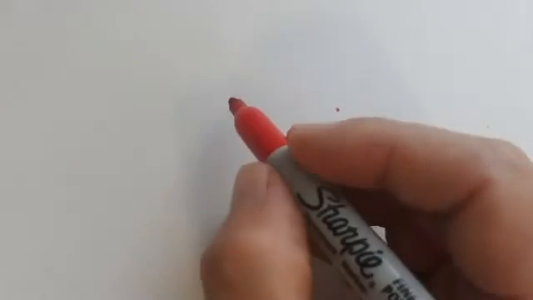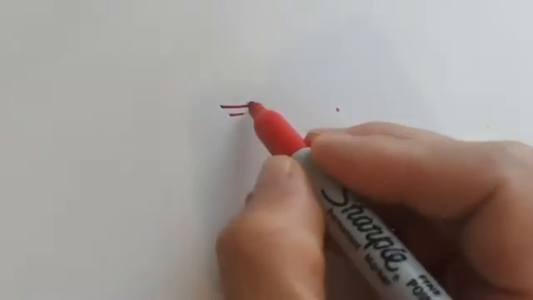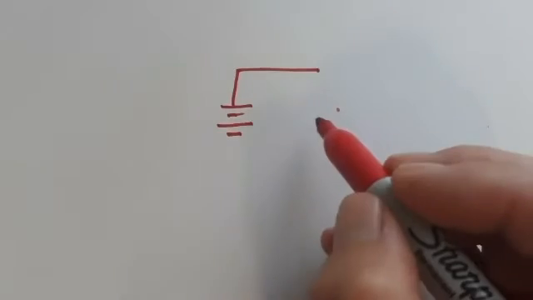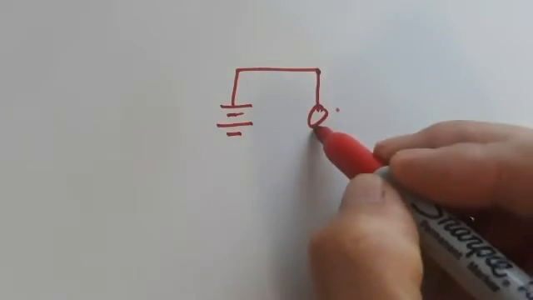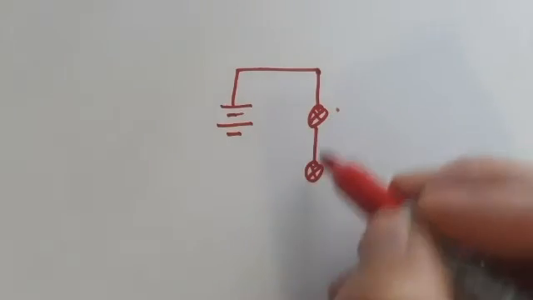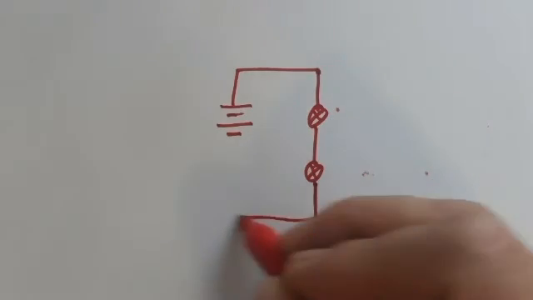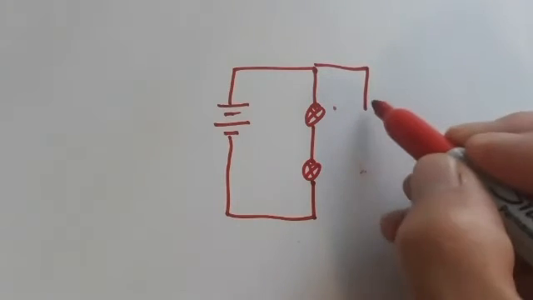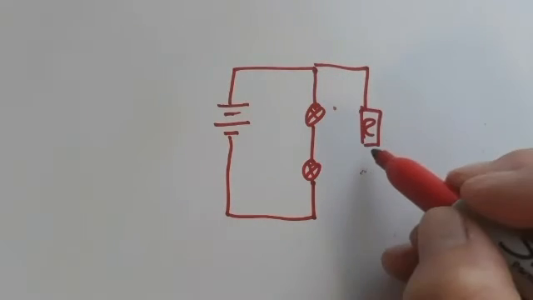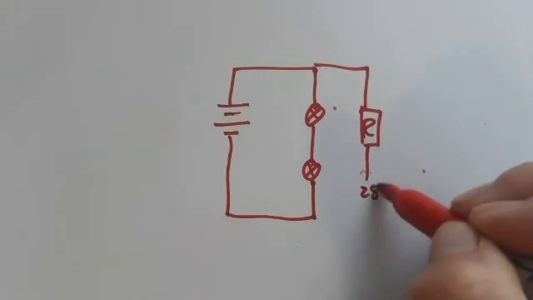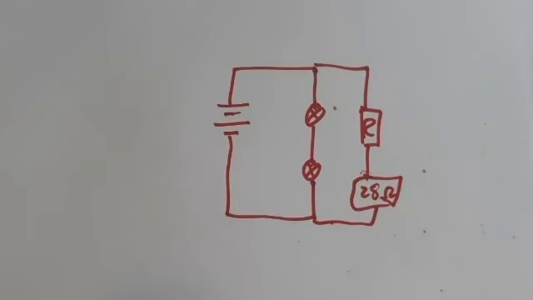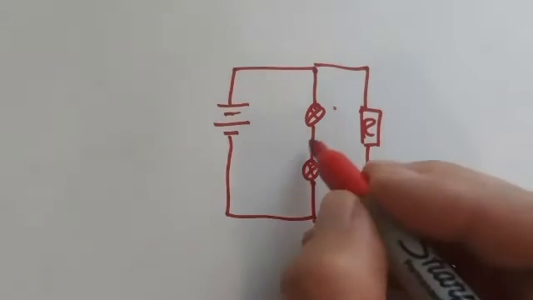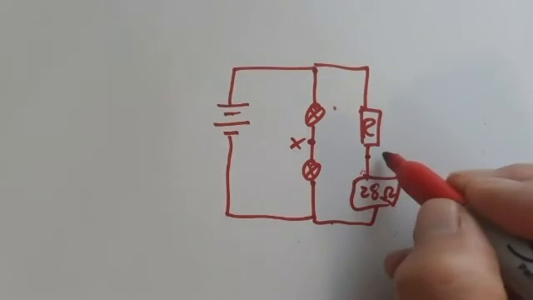So that drawing could have looked like this. There's my branch. There's my one, and then over here is my bulb and another bulb. And coming back, and then they could have had this, that was R and my 28 ohm in there. That's a different way of drawing it. And that's mostly what you use, that being point X, that being point Y.